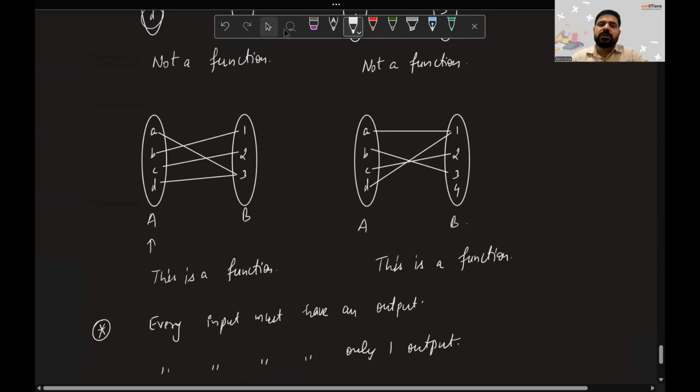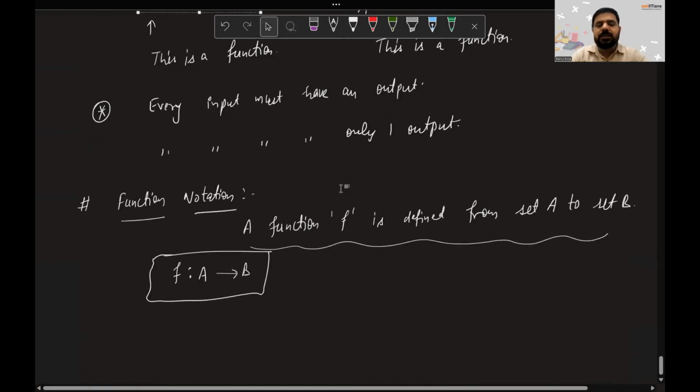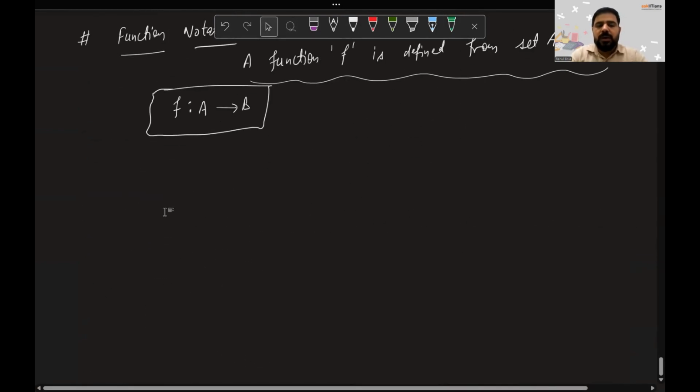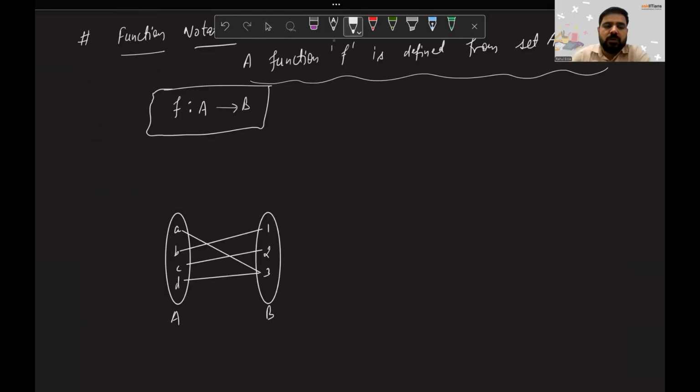Now, an important thing to understand: if you remember, we studied domain, codomain, and range with respect to relations. Now we'll explain the same thing with respect to functions. So the next heading we have is domain, codomain, and range of functions.